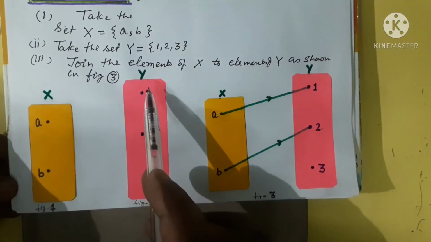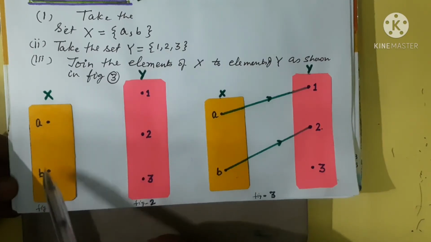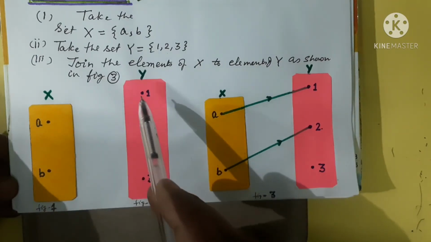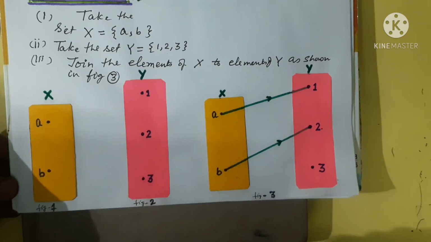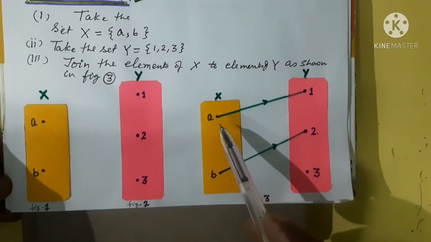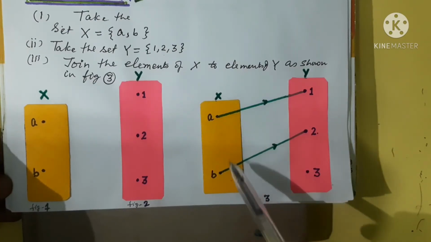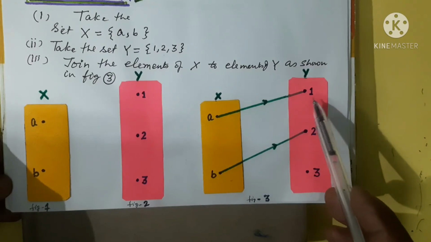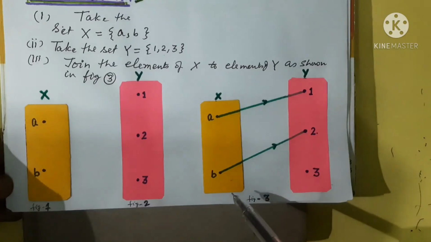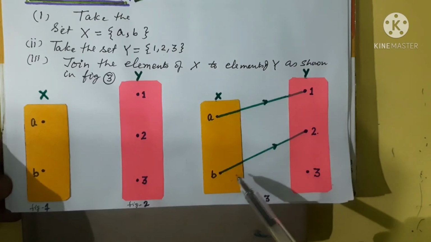Let X and Y be two sets. A and B are the elements belonging to set X, and 1, 2, 3 are the elements belonging to set Y, whose mapping is shown here. Since we are seeing that the distinct elements of set X have distinct images in set Y, we can say that this mapping is a one-one mapping, or this is a one-one function.